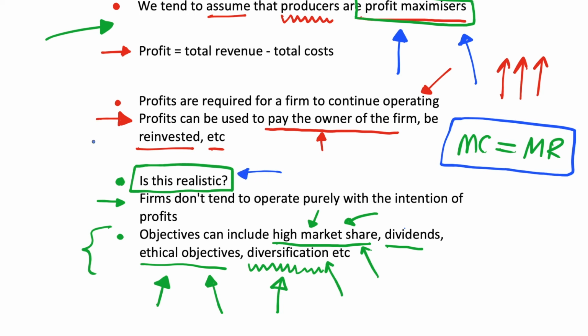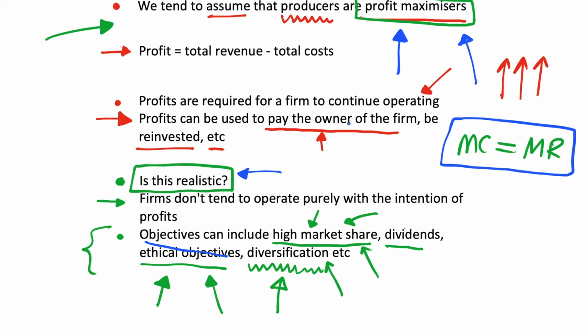As economists, we tend to want to assume that people are selfish. We don't really care too much about these ethical objectives and increasing our local community's welfare per se. We tend to want to assume that people are selfish and just maximise their own utility, and producers, their main source of utility is going to be their profit.